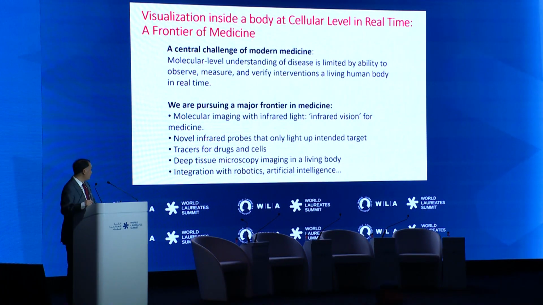So we want to be able to see things in the body, to see if they get to the targets, and see if treatment is working, if every cancer cell is removed by the surgeon. We are doing this by combining chemistry, material science, and integrating with robotics and artificial intelligence, because quite often you want to target something, you need to have a very good ligand. Those ligands bind to specific proteins, and that needs to be optimized by AI.